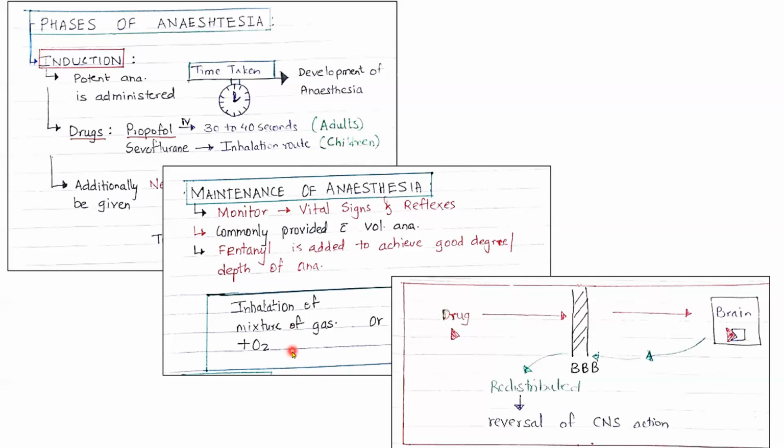These other anesthetic agents will help you to achieve a good degree and depth of anesthesia. Very commonly maintenance is done with the help of volatile anesthetic agents. Which are those? How do they act? That we are going to learn in a later video.